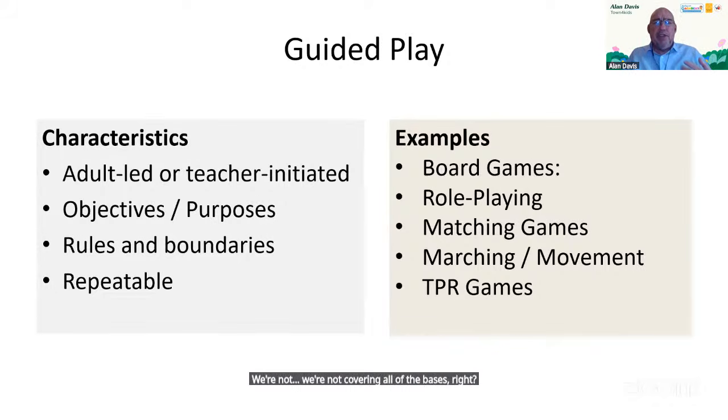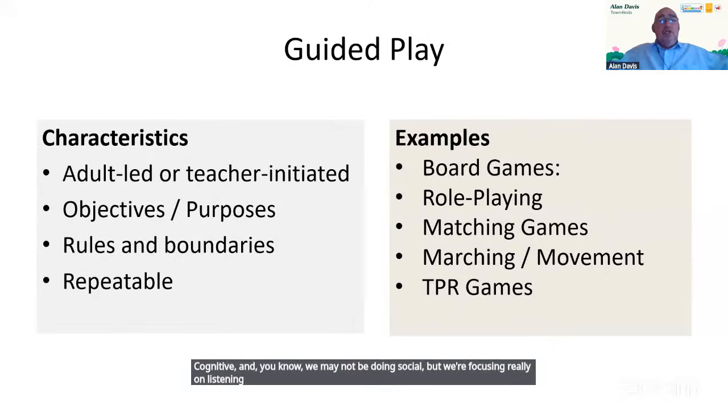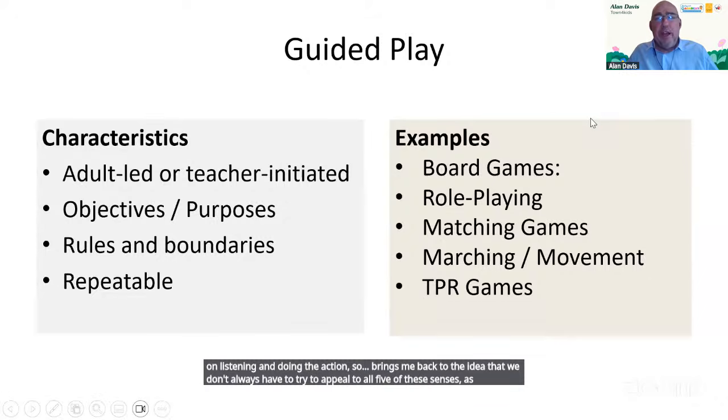We're not actually doing cognitive, and we may not be doing social, but we're focusing really on listening and doing the action. So that brings me back to the idea that we don't always have to try to appeal to all 5 of these senses, as long as we are doing it on a regular basis within the classroom.